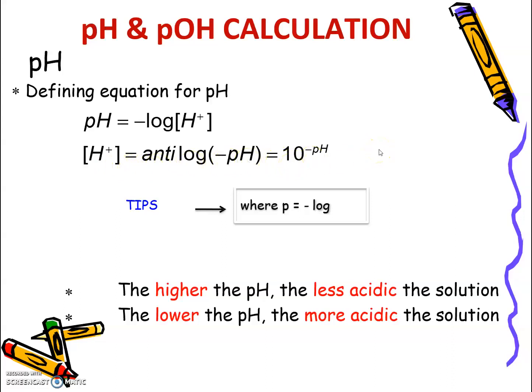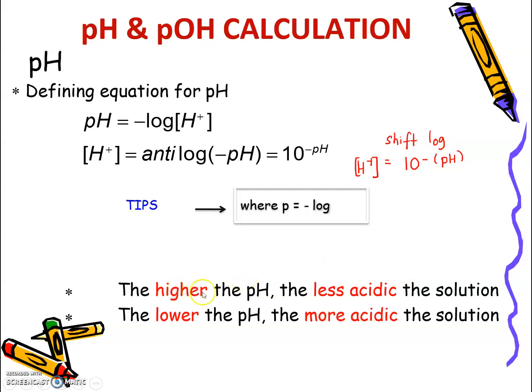Or if you use the calculator, press shift log. In your calculator will appear 10 minus, and then you include the value of pH to calculate the concentration of H+.